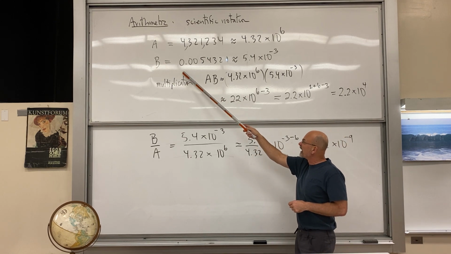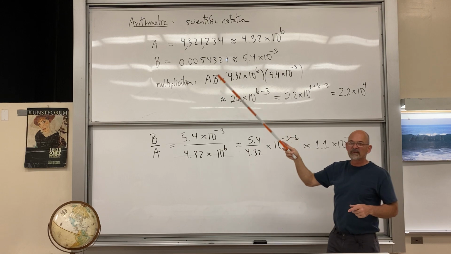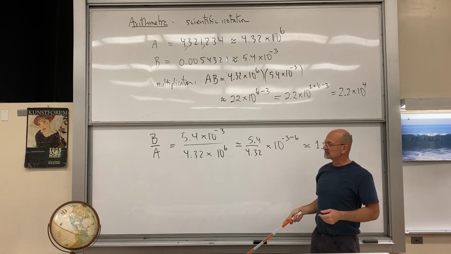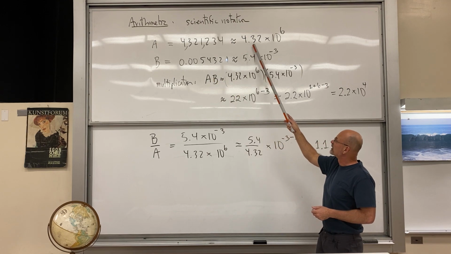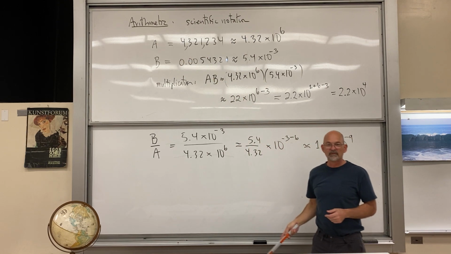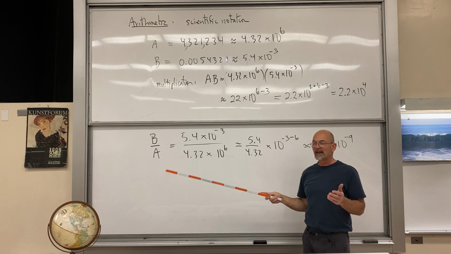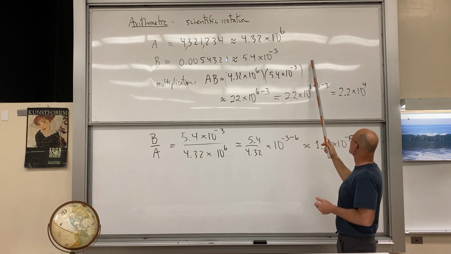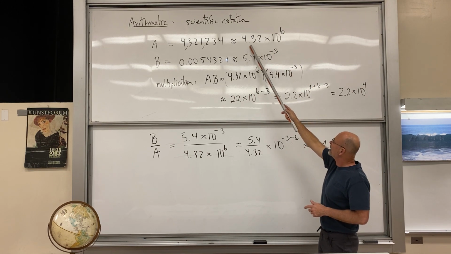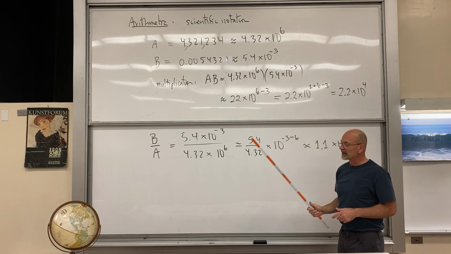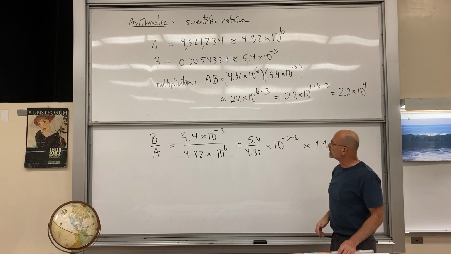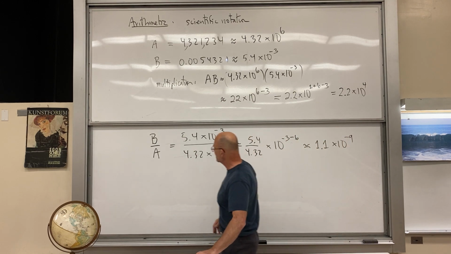You'll see numbers like this written out in order to impress you in some book or magazine article, but these types of numbers don't impress us. They mean very little to us. Okay, we can't really grasp them. With scientific notation, you immediately know the basic number and the power of 10 that goes with it. Good, so we did multiplication and division.